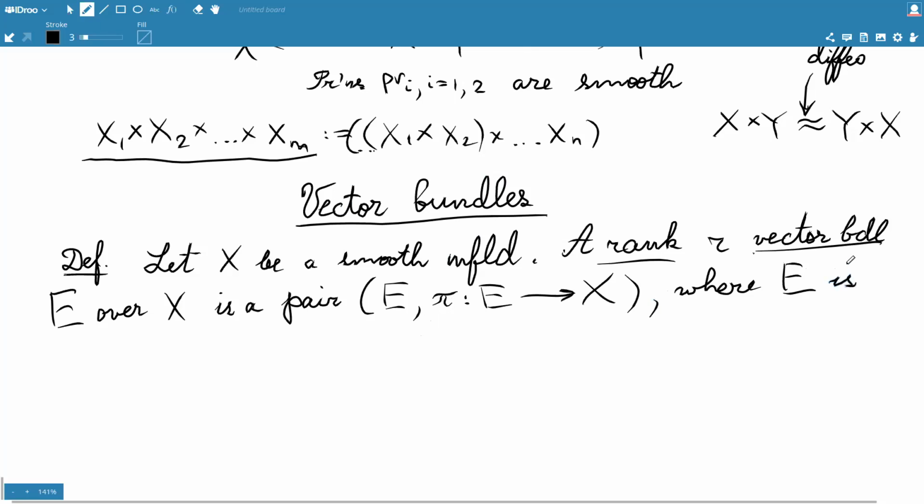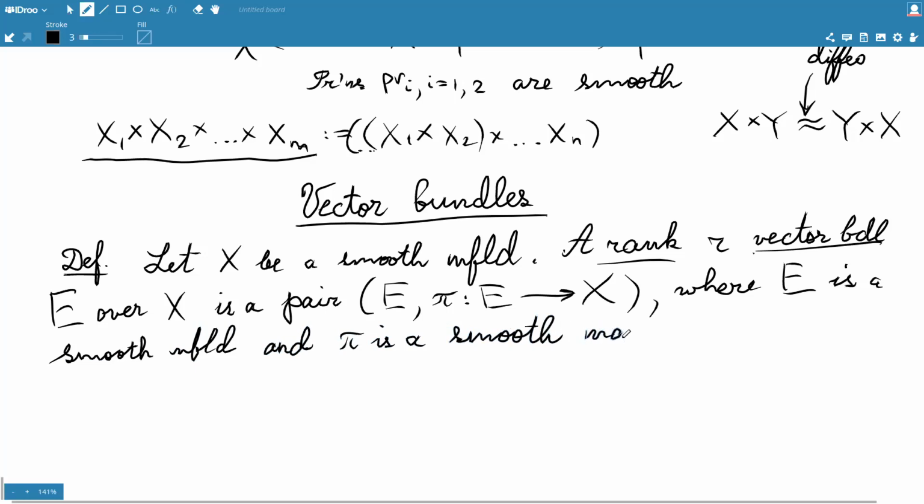Where E is a smooth manifold, and π is a projection, is a smooth map, such that, informally, first informal definition, the fibers of this projection π are vector spaces.